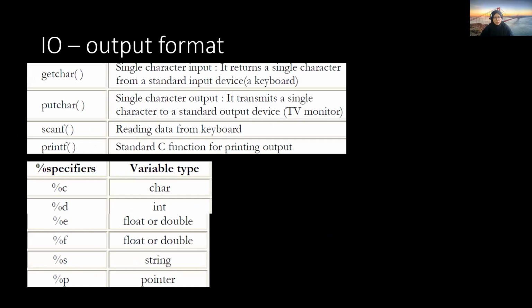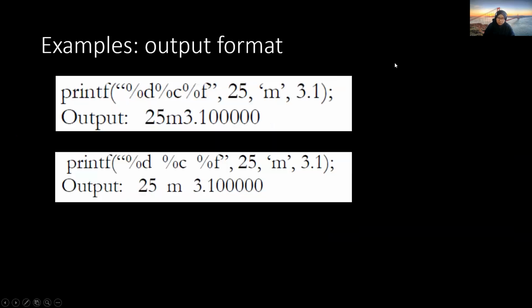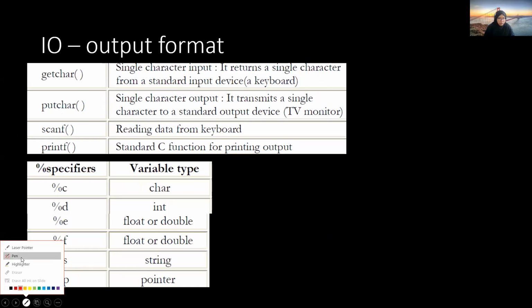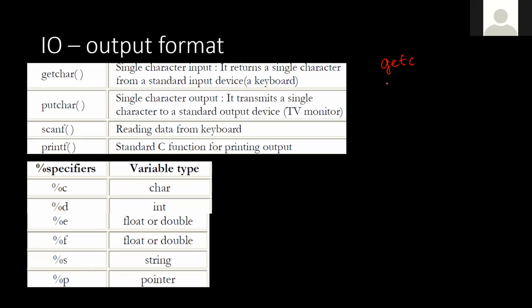Listed here, you can see in the table, we have 4 types of input and output. Get char, you can also have get C. If you already know about some C programming, some of them included something like this, get C or put C. Okay, and then this is equal to the standard in and so on.